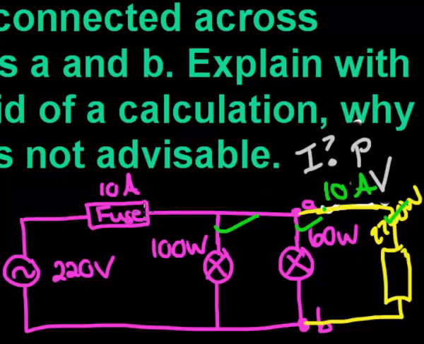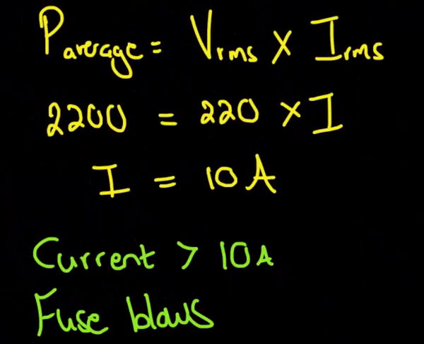So therefore it would not be advisable to connect this iron of a 2200 watt rating parallel to the remaining part of the circuit, seeing that it will cause the fuse to blow, and that will cause a break in the circuit, preventing any current from flowing in it.